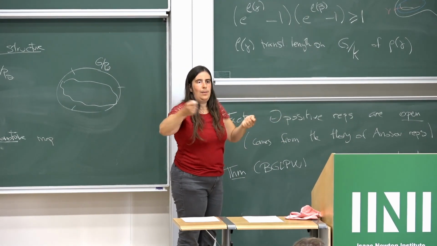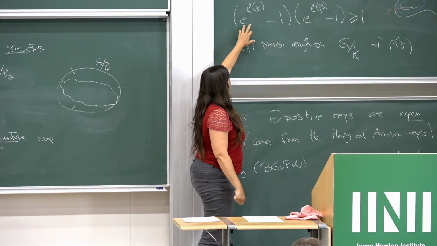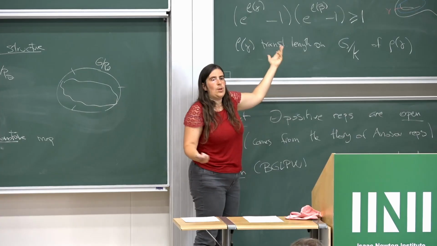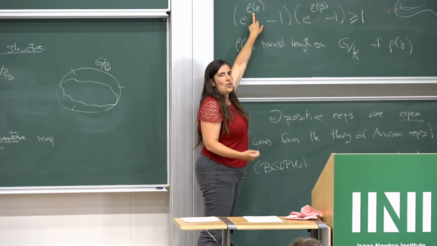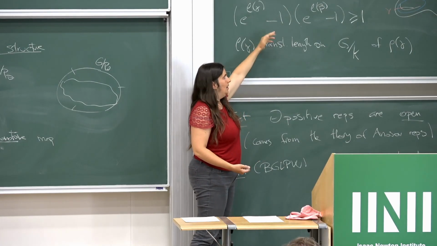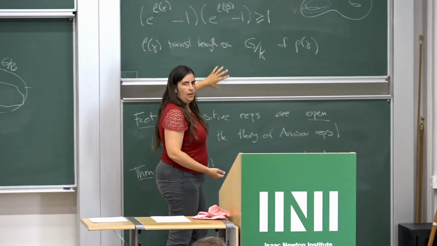This is the minimal amount it translates for any point in the symmetric space. So if rho of gamma had a fixed point, which a priori it could, then e to the L of gamma, the translation length, would be 0, so this would be 0. So this in particular says that no element in the image of my representation has a fixed point.